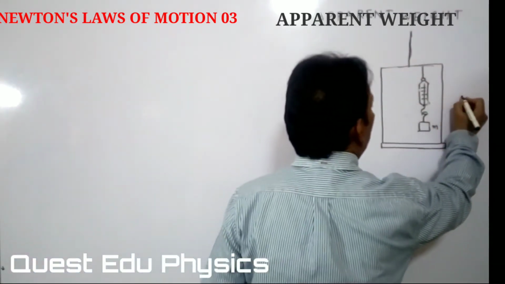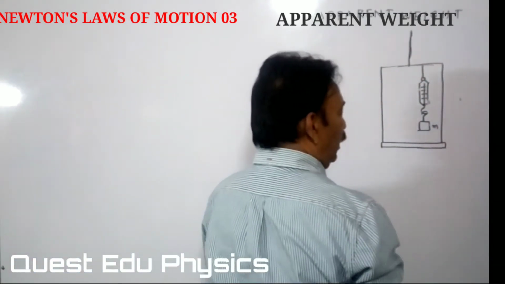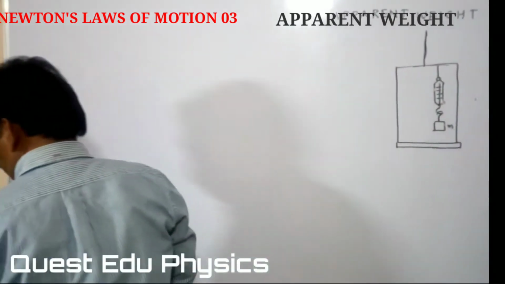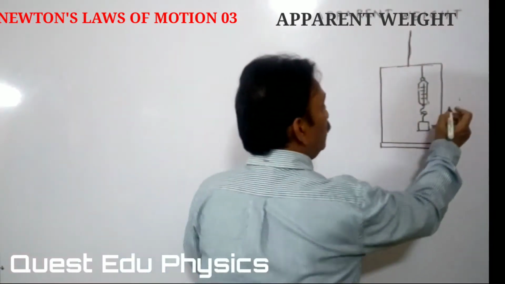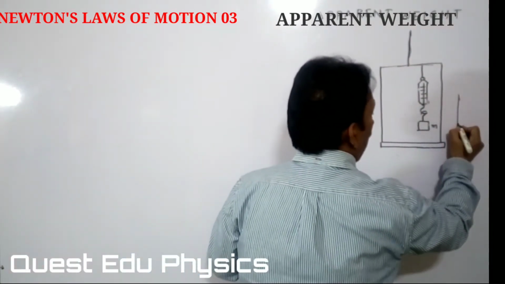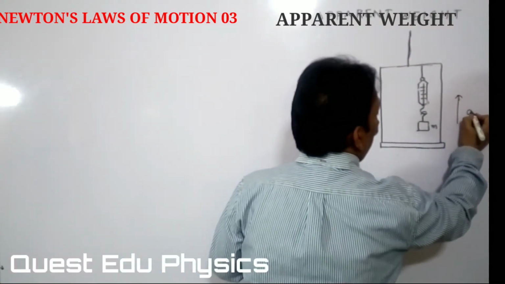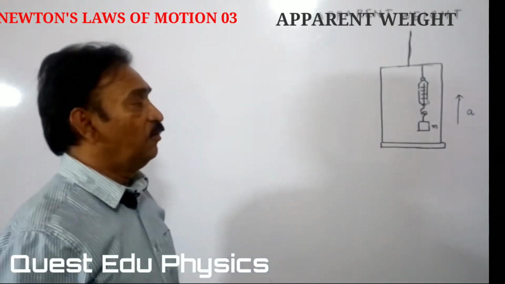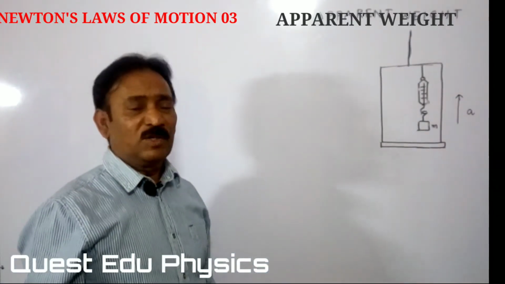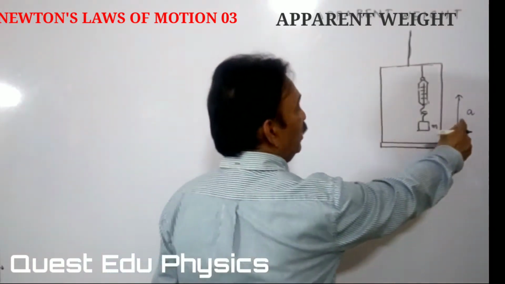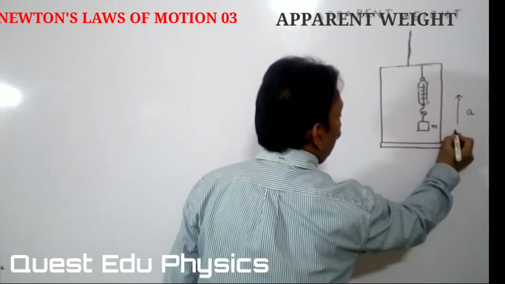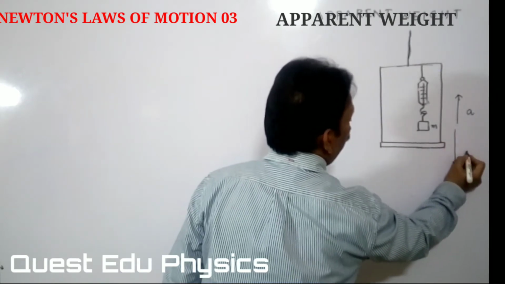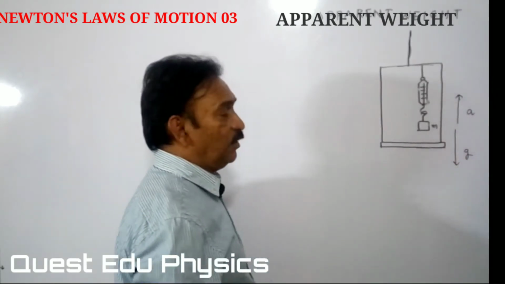Now think, this lift is accelerating. It is moving up with a constant acceleration of a, okay, students? The acceleration is acting vertically upwards, opposite to the direction of acceleration due to gravity.